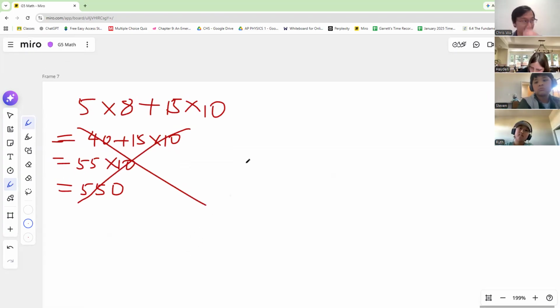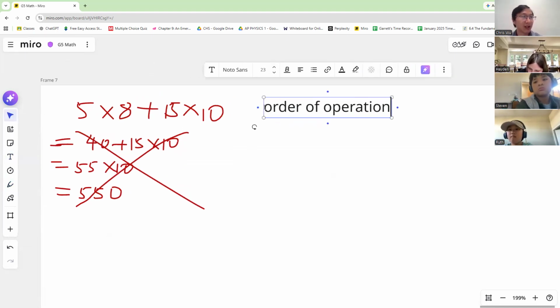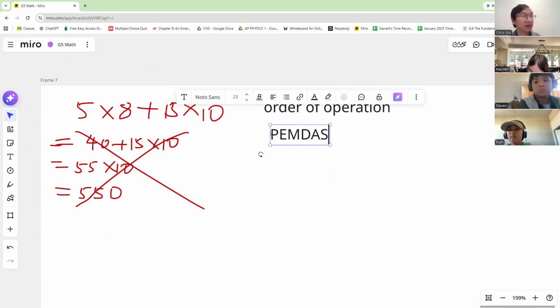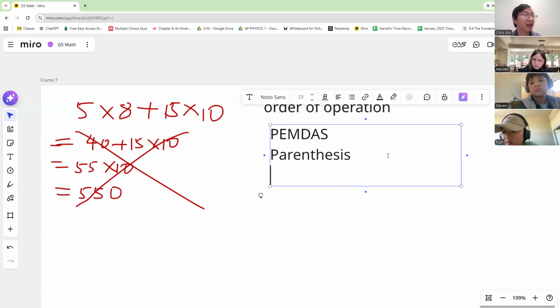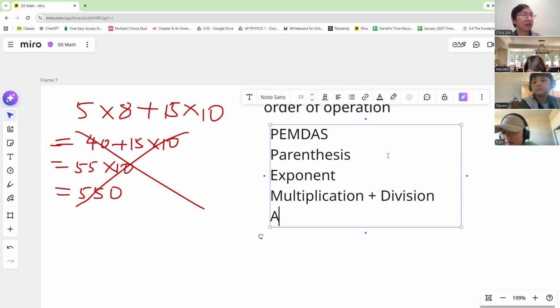Why? Because there is such a thing called order of operations. And you might have heard this phrase before called PEMDAS, right? What does PEMDAS stand for? PEMDAS stands for parentheses, and then exponent, and then multiplication and division, and then finally addition and subtraction.